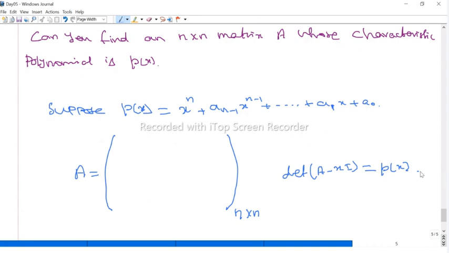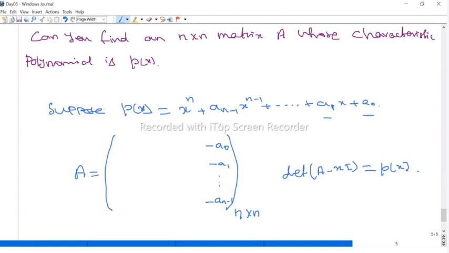Maybe I can write it. In the last column, I take the negative of each coefficient. So I take minus a naught, and then minus a1, etc., up to minus a n minus 1. Because totally n terms are there.